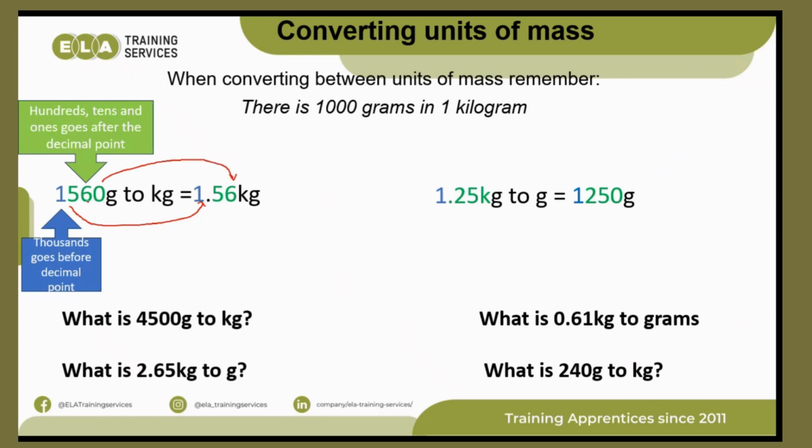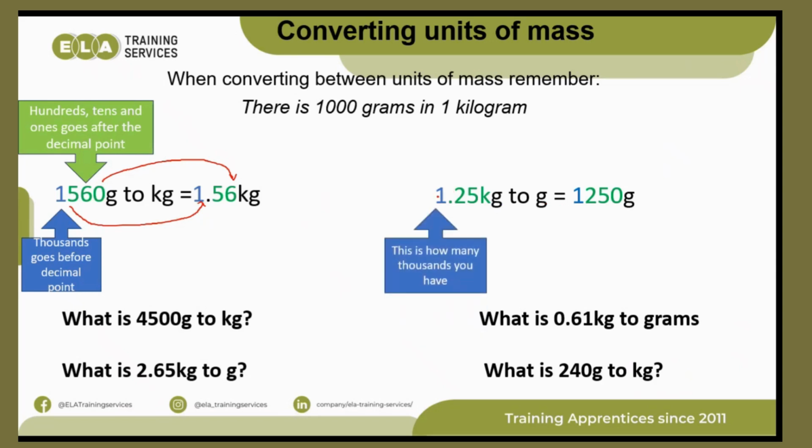So 1,560 grams to kilograms would convert to 1.56. So your thousands is always the number before the decimal point, and that works the opposite way as well. Imagine you've got 1.25 kilograms and you want to convert that to grams.